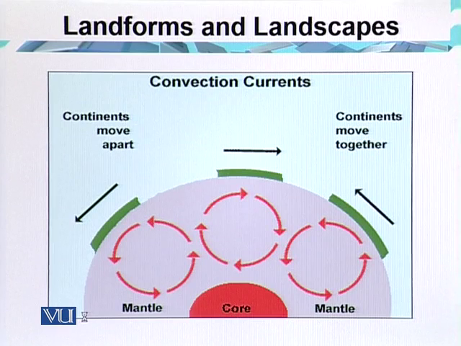The convectional currents are moving upward from the areas which are in the form of liquid, and this liquid is hot molten material. It has a temperature of more than 1500 degrees Celsius.